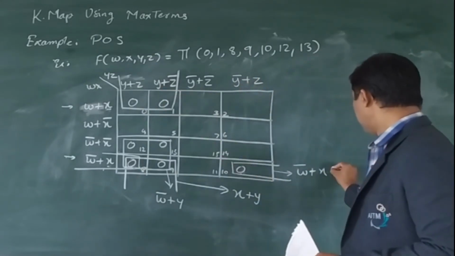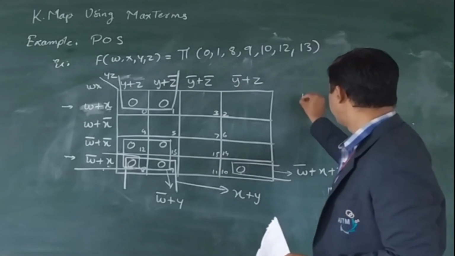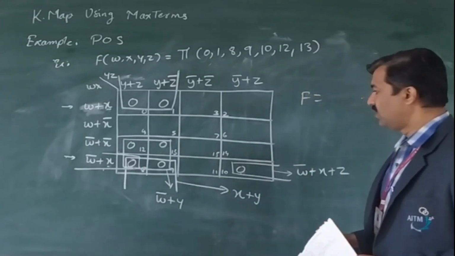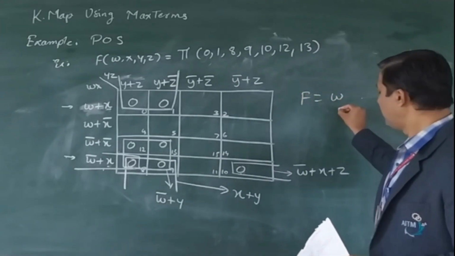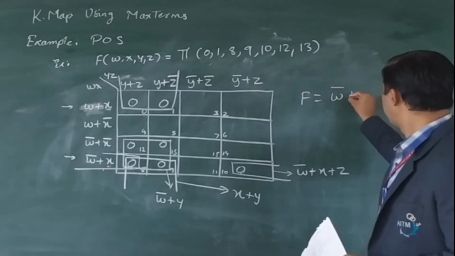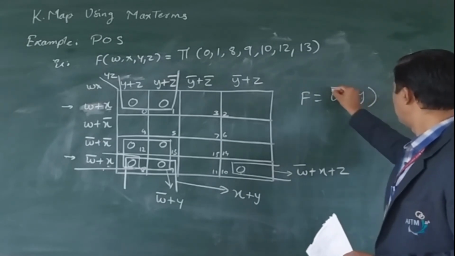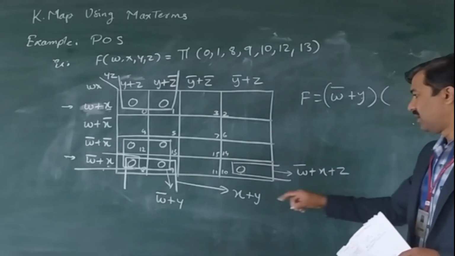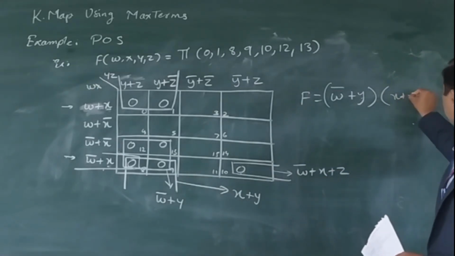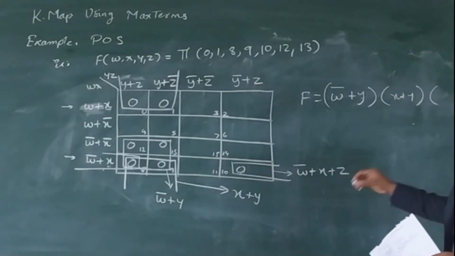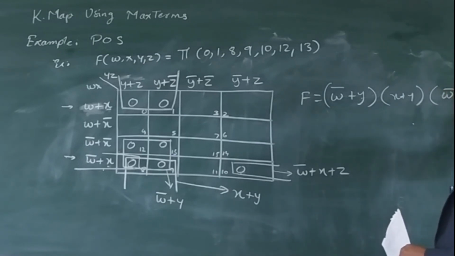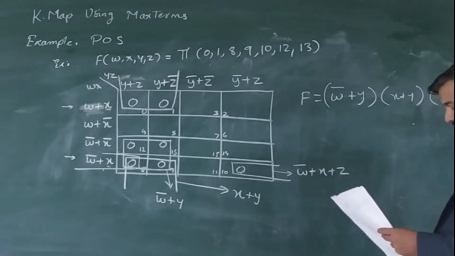Z is the constant term, plus Z. So the final expression F is going to be W bar plus Y into X plus Y into W bar plus X plus Z.